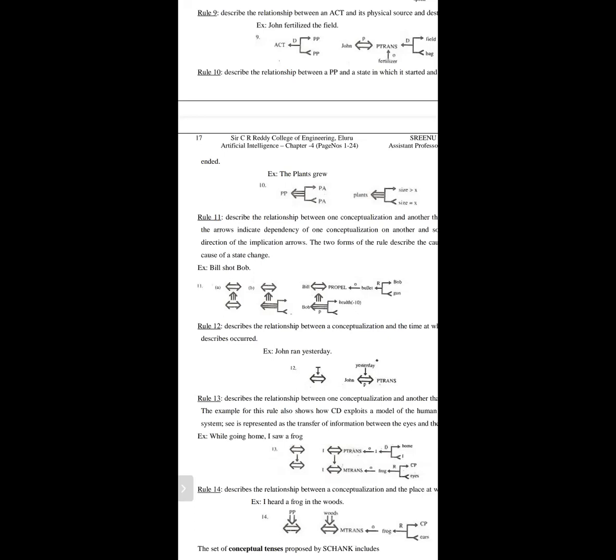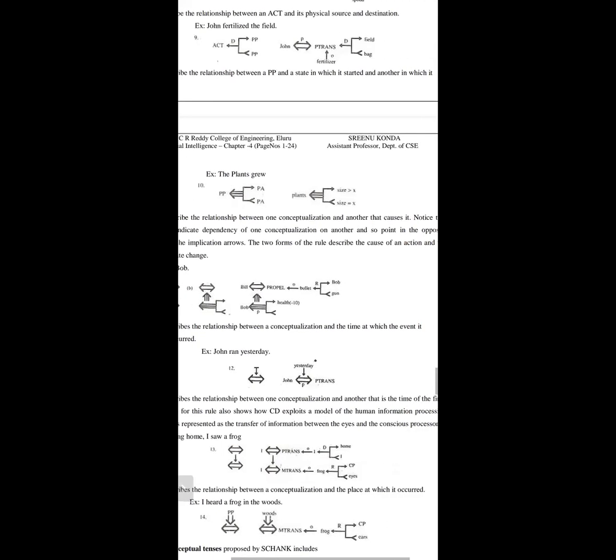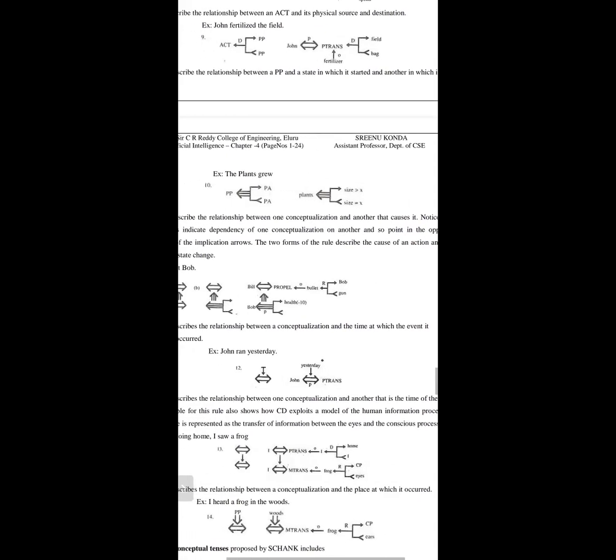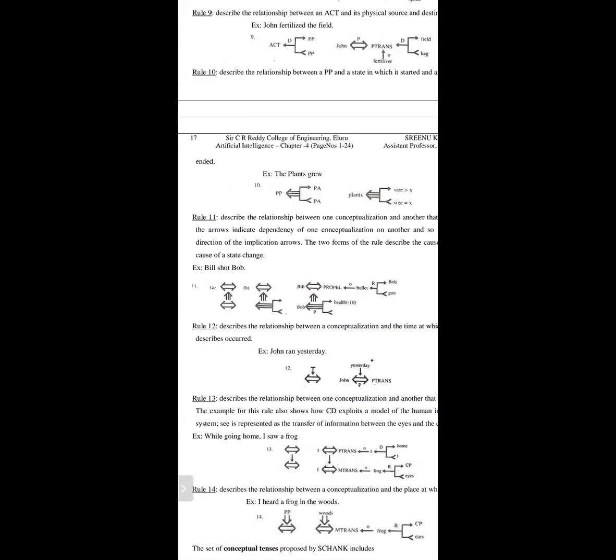Okay, so Bill, propel, bullet, Bob, gun. R means recipient, O means bullet here. Okay, bullet is the object here, right? Next, the second one is state change. The first one is the action being described. The second one is the change of state to be described.